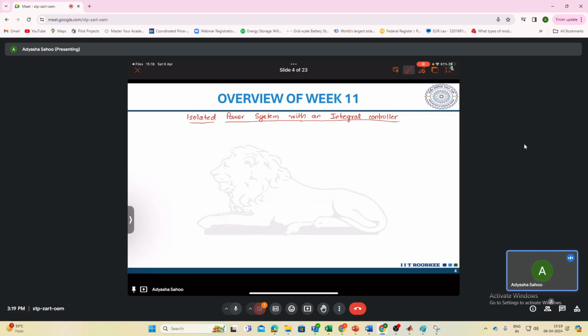Previously, without the controller, the block diagram was like this. First we have the governor, followed by the turbine model, the turbine, then the reheater with 1 plus S Tr.